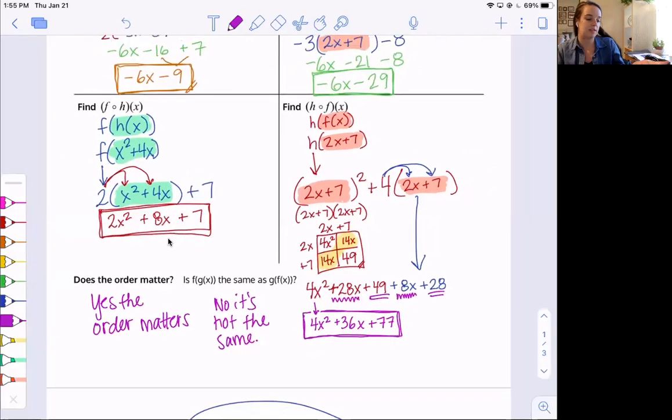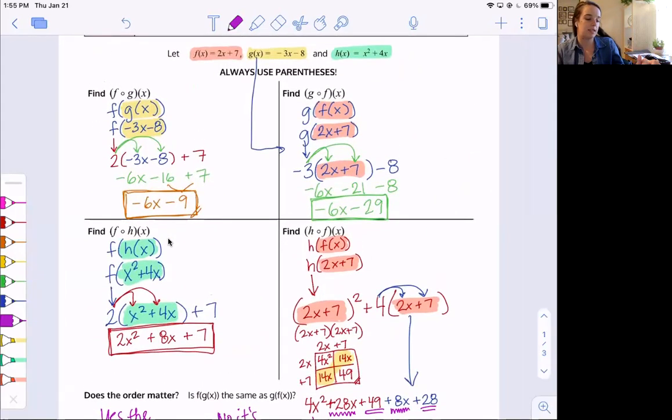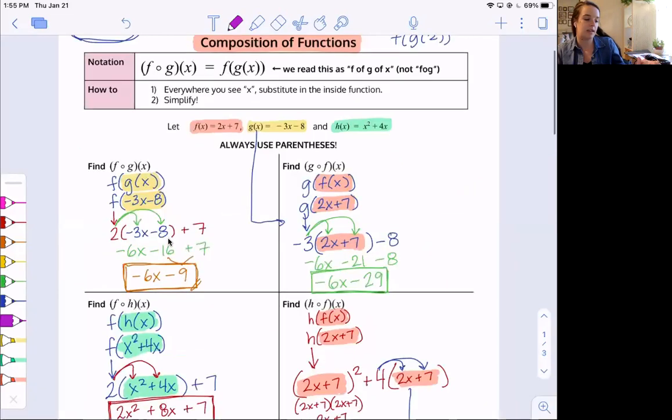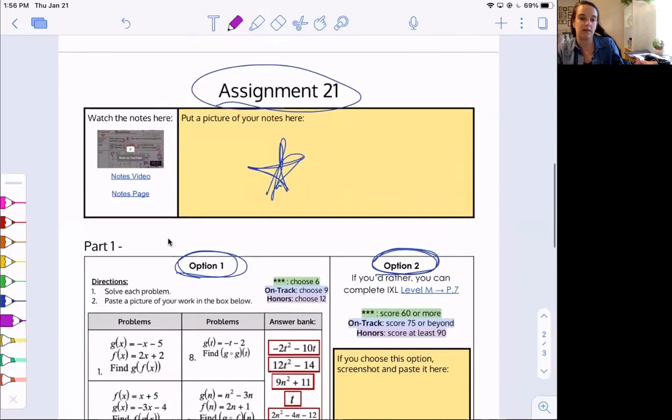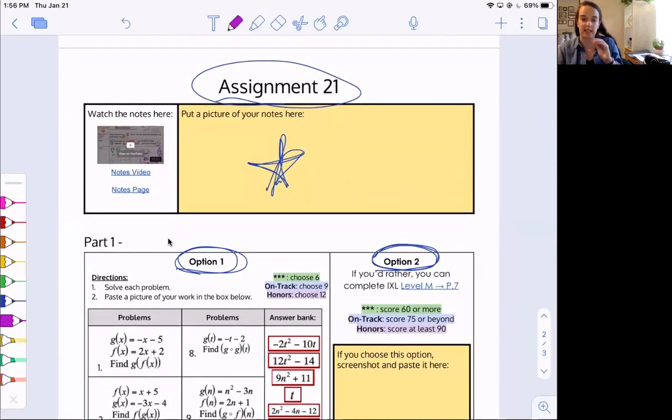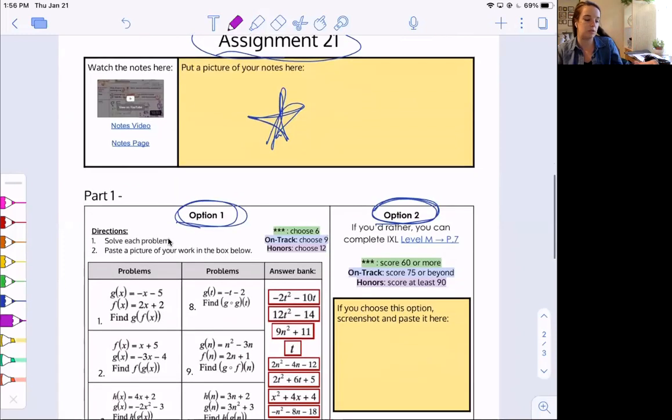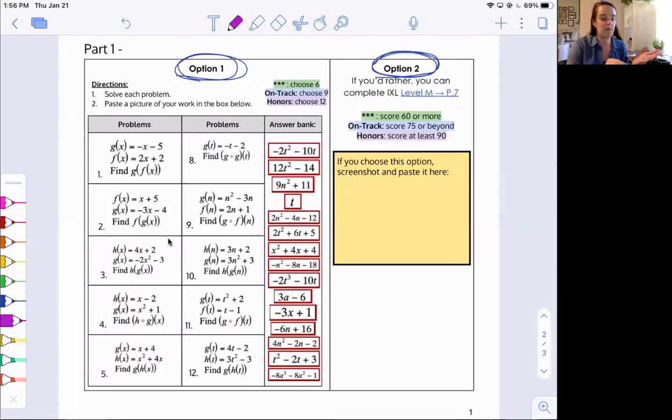Good news. We have some extra time today. For today, this is the end of our notes here. I wanted to make your assignment just a little bit shorter today. So there is just 2 parts. The first part, you can choose if you would like to continue working on paper, you can choose option 1.